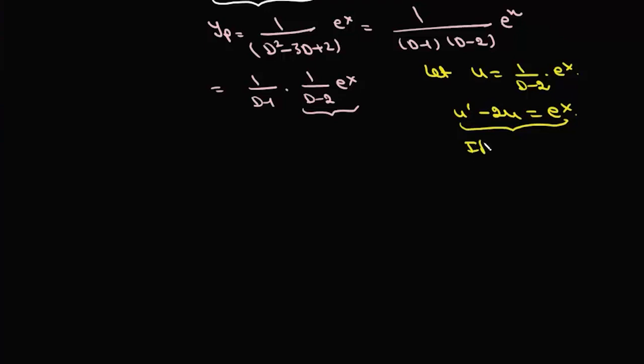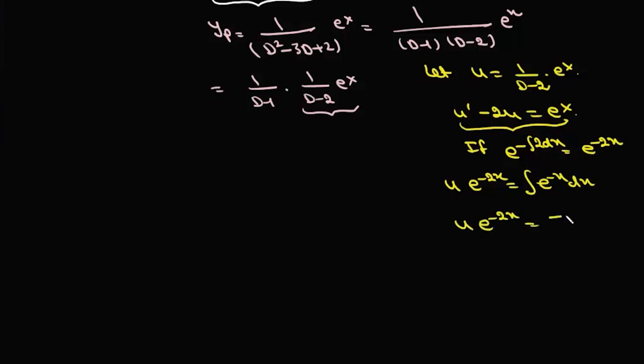Its integrating factor will be e to the power minus integral of 2 dx, so it will be e to the power minus 2x. So we can write u into e to the power minus 2x equals integral of e to the power x and e to the power minus 2x, that will be e to the power minus x dx. So u e to the power minus 2x will be minus e to the power minus x, or this u will be minus e to the power x.